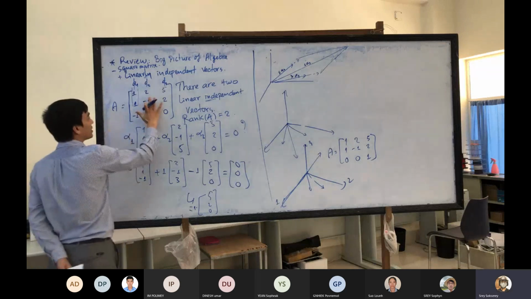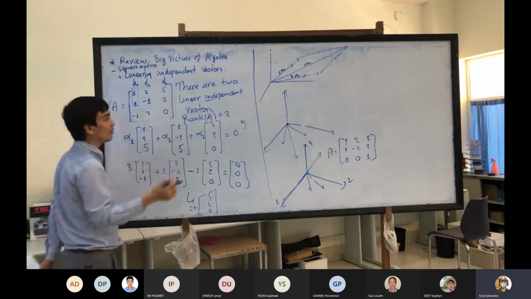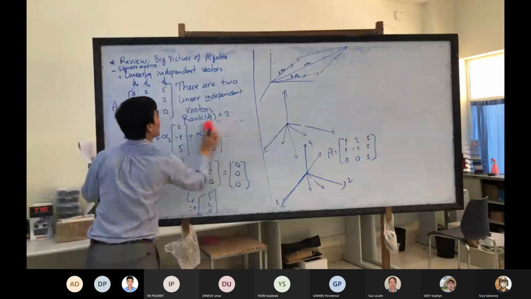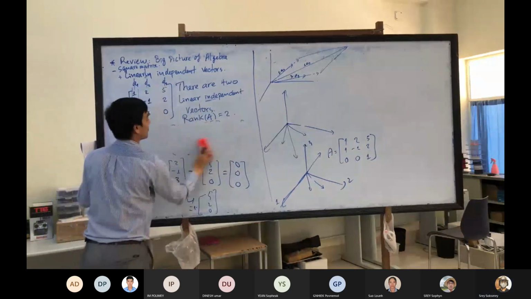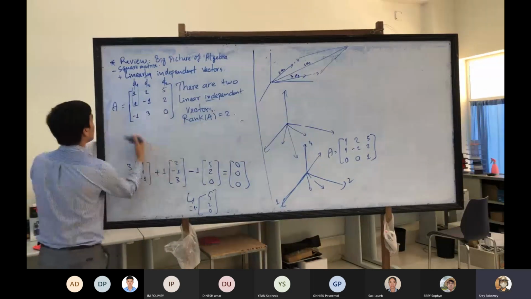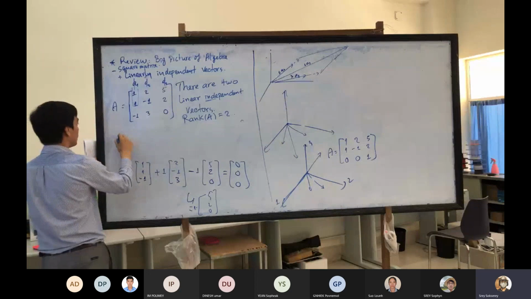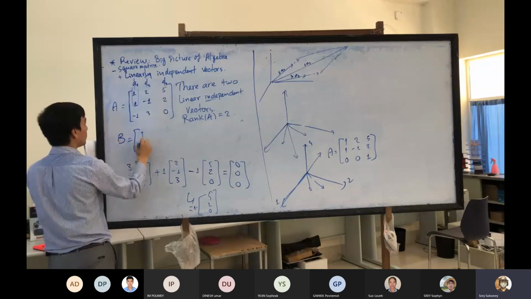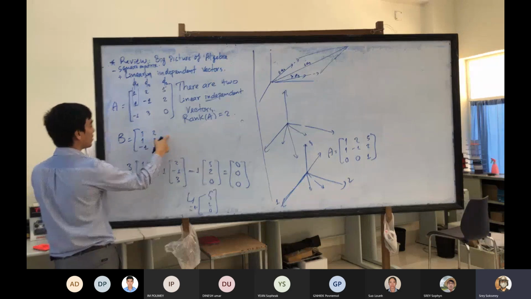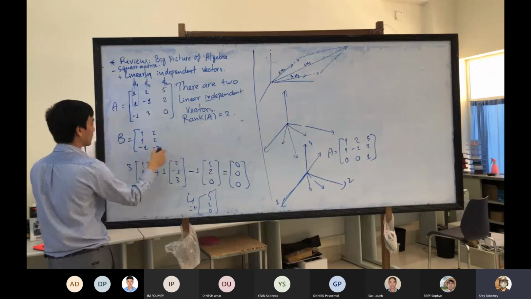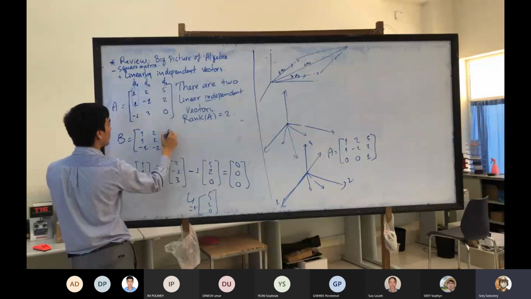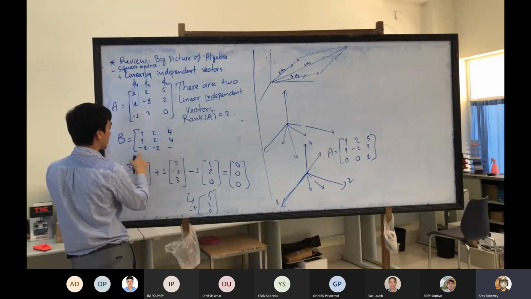What if I have this other matrix B? If I have another matrix B like this, B equals 1, 1, minus 1, and then 2, 2, minus 2, and then a combination of these, let's say, multiply 2 here, let's say 4, 4, minus 4.